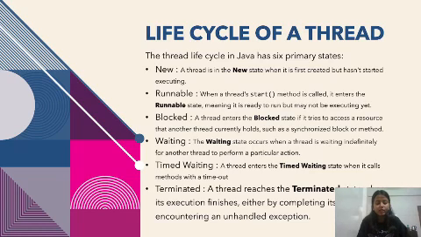While running, if it encounters a condition that prevents it from proceeding, it may move to the blocked or waiting state. Once the task is completed, the thread reaches the terminated state. Understanding this cycle is essential for effectively managing thread behavior.